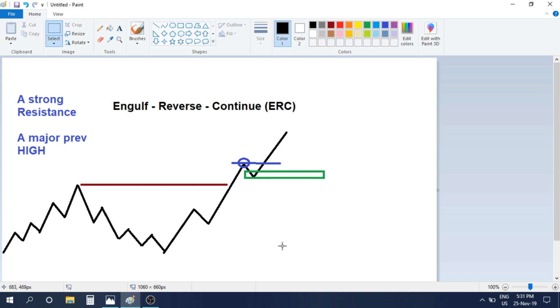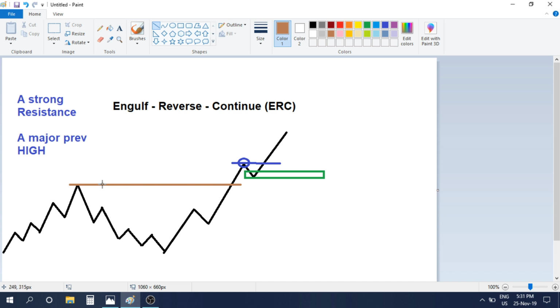Okay. So let's say this was a major high over here. So this was a major high, which was engulfed. And then this ERC zone was created.